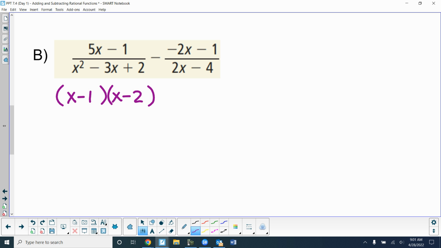What can I factor here? A 2, right? And what's 2x divided by 2? What's negative 4 divided by 2? So what shows up? I see an x minus 1, an x minus 2, and a 2, right? So you write all those down. Whatever shows up, you write them down, right?